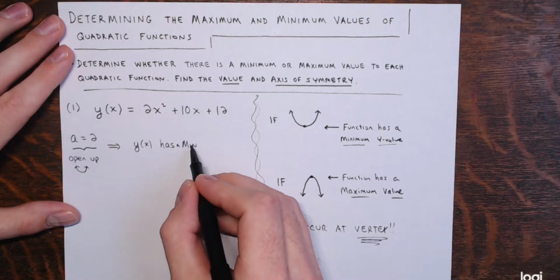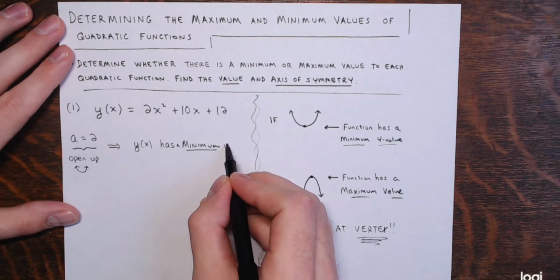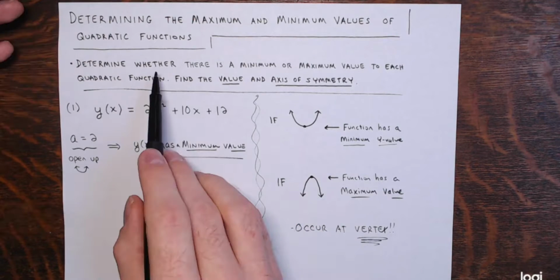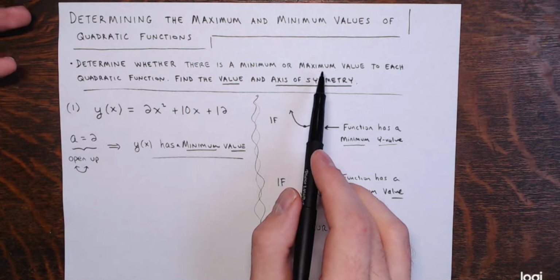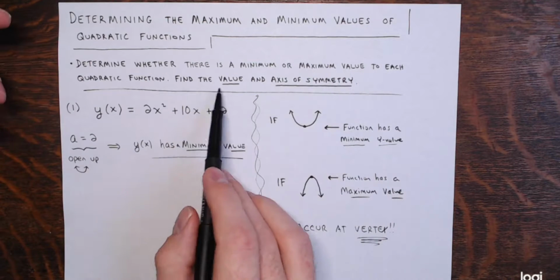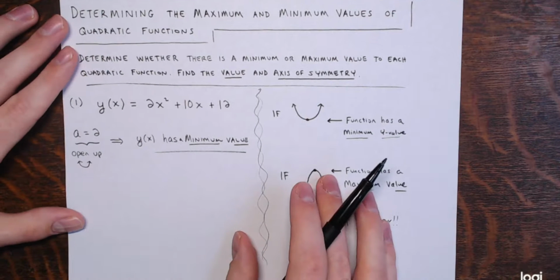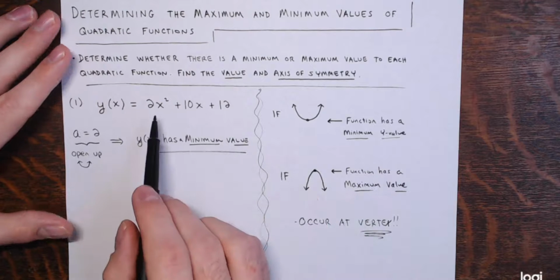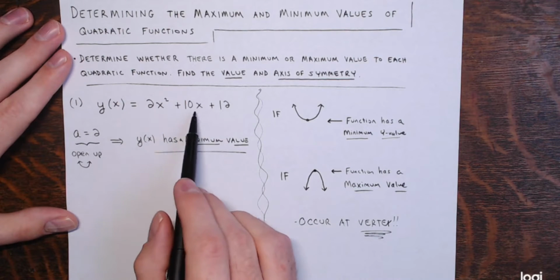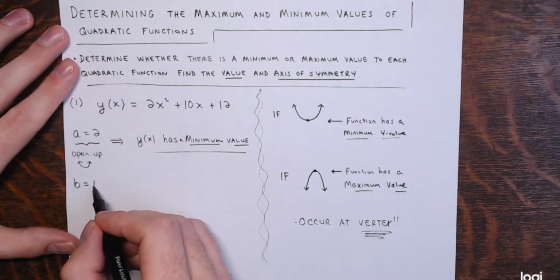After you determine whether there's a minimum or a maximum value, whether it opens up or down, we're going to find that value and also the axis of symmetry at the same time. In the general form ax squared plus bx plus c, we know a is 2 and b is 10, the linear coefficient.